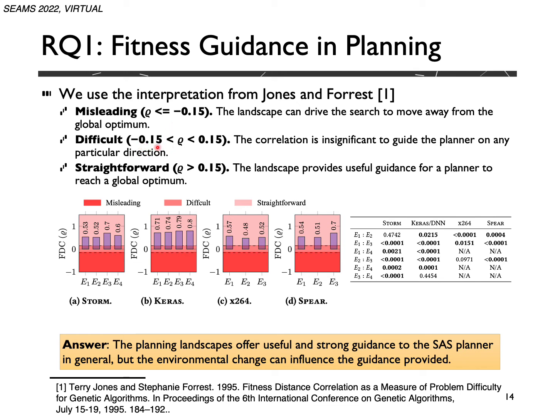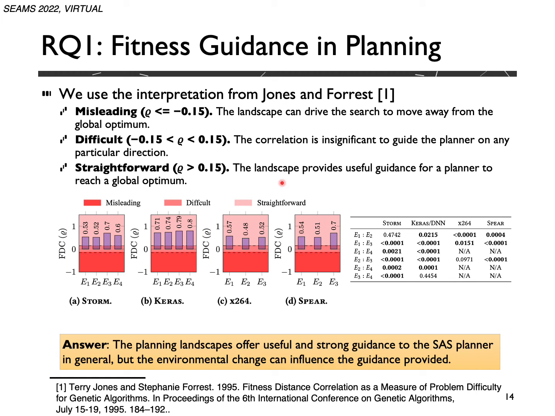In contrast, if the value is between minus 0.15 and 0.15, then we say the problem is difficult, because the distance from the point to the global optimum provides no information about whether the performance is getting worse or better.